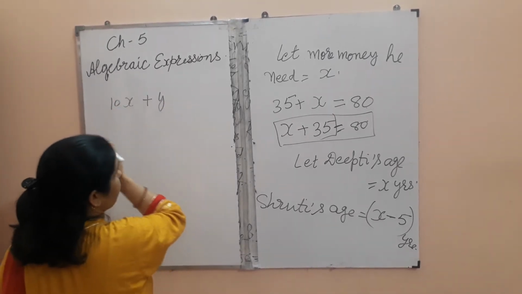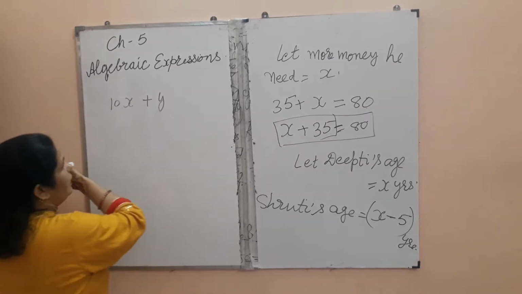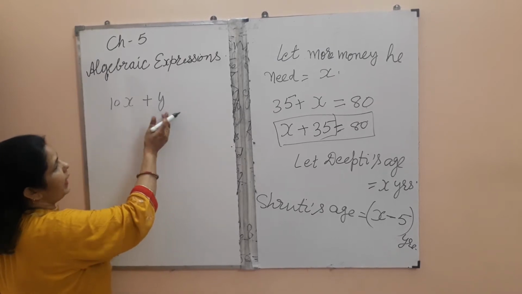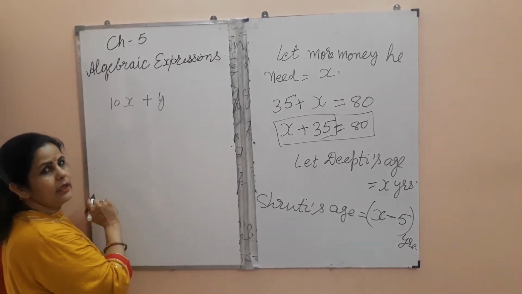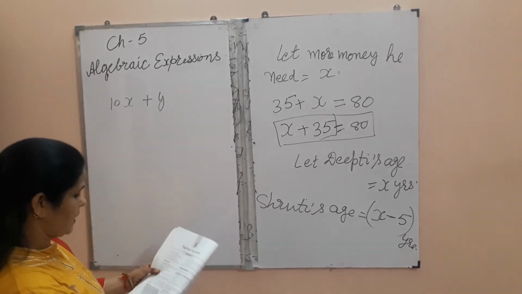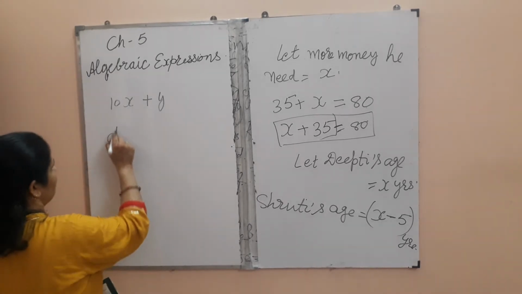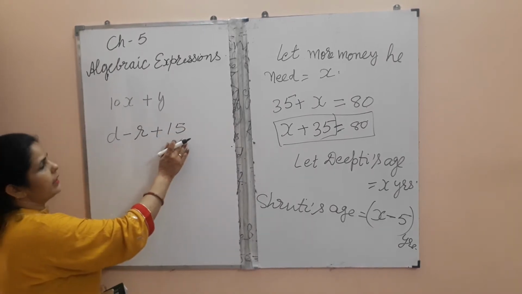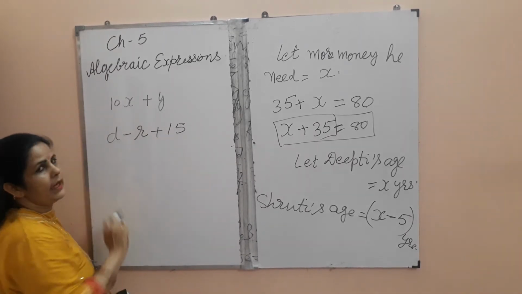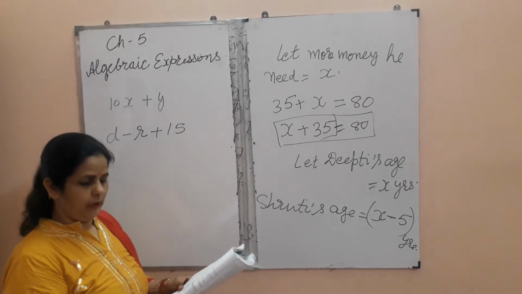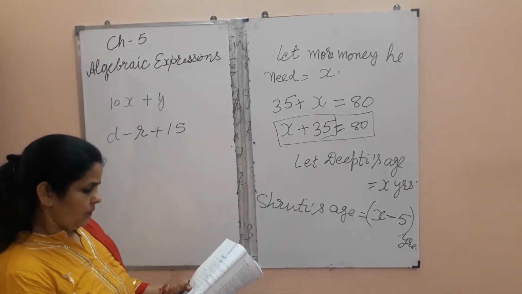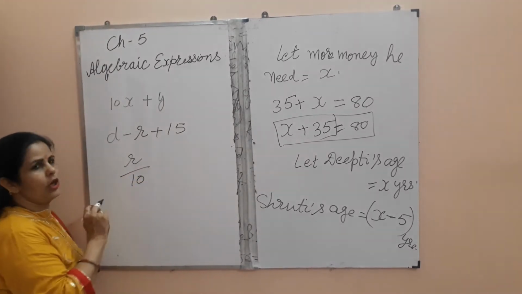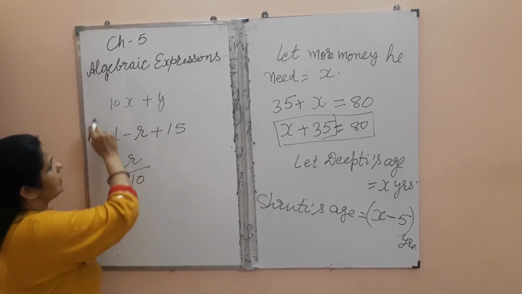This is how we will write it in word form: the product of 10 and x added to y, or you can say y is added to the product of 10 and x. Understood? Next is d minus r plus 15. 15 is added to the difference of d and r. You can write it in word form in this way. And r upon 10, we can write it as the quotient of r and 10. So these are expressions.